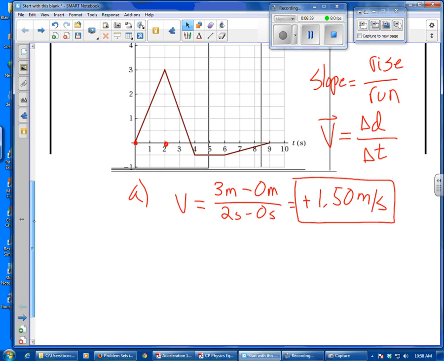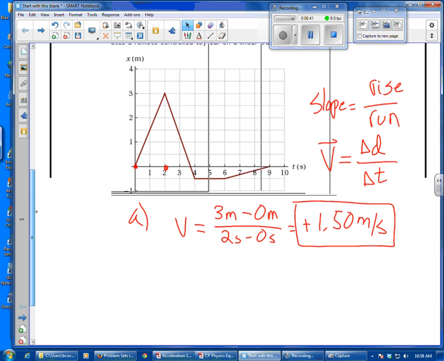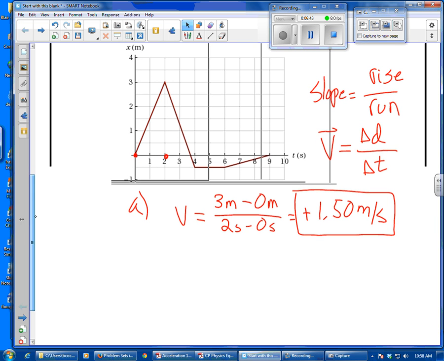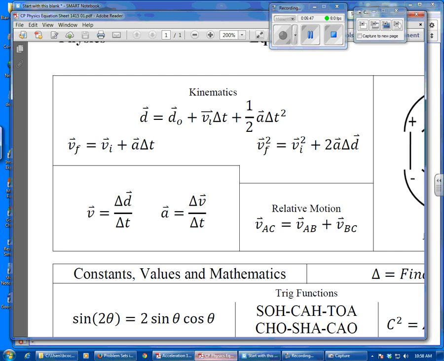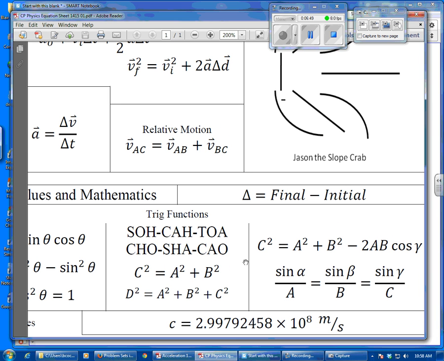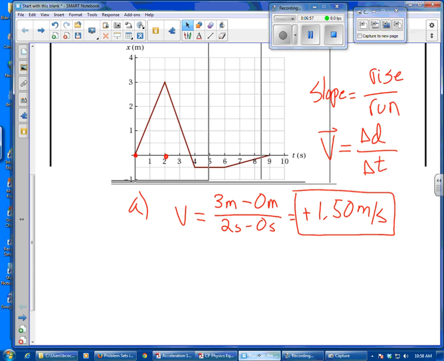Moving on to B. Right here on our equation sheet, notice that delta stands for final minus initial. So whenever you have a delta in front of it, you always have the final minus the initial. Let's do this one and we'll see.